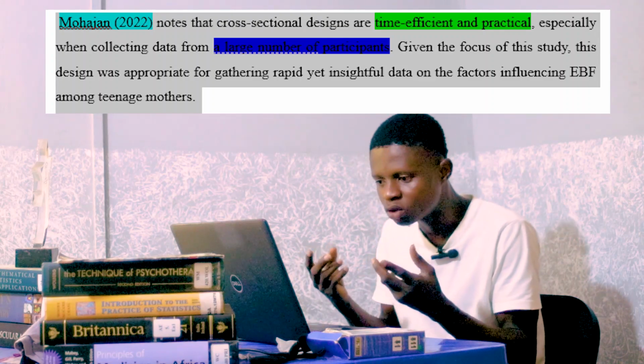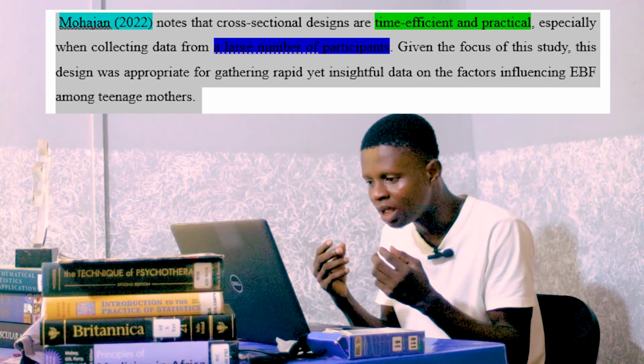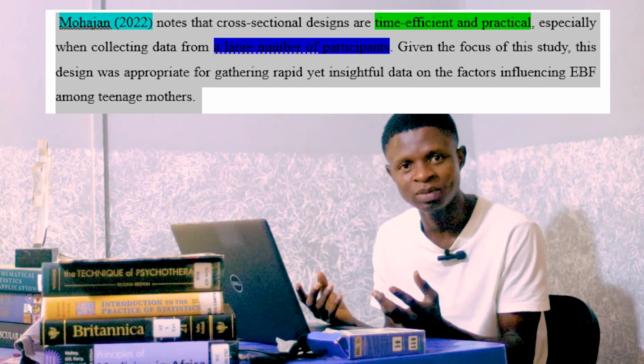They are all talking about the strength of the study design. Given the focus of this study, this design was appropriate for gathering rapid yet insightful data on factors influencing exclusive breastfeeding among teenage mothers. You see?